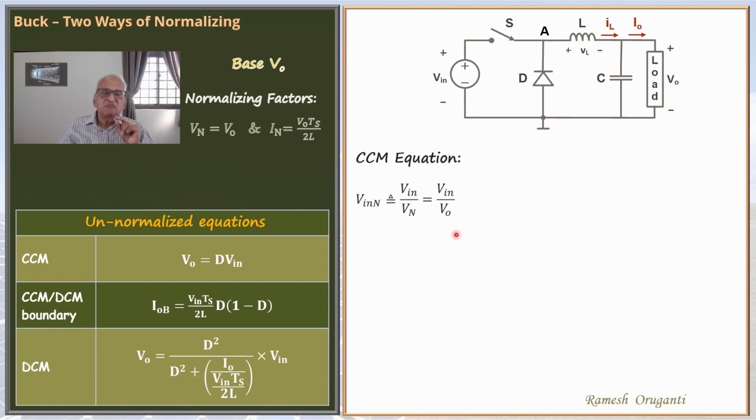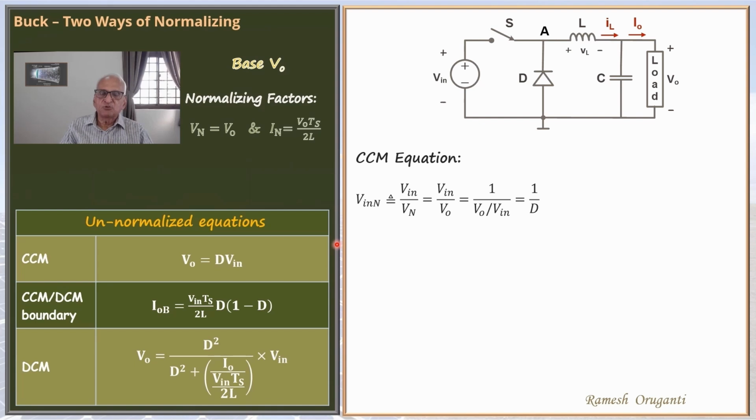So that is Vin by V0, and V0 by Vin is d, so Vin by V0 is 1 over d. So this is the normalized CCM equation, Vinn equals 1 by d.